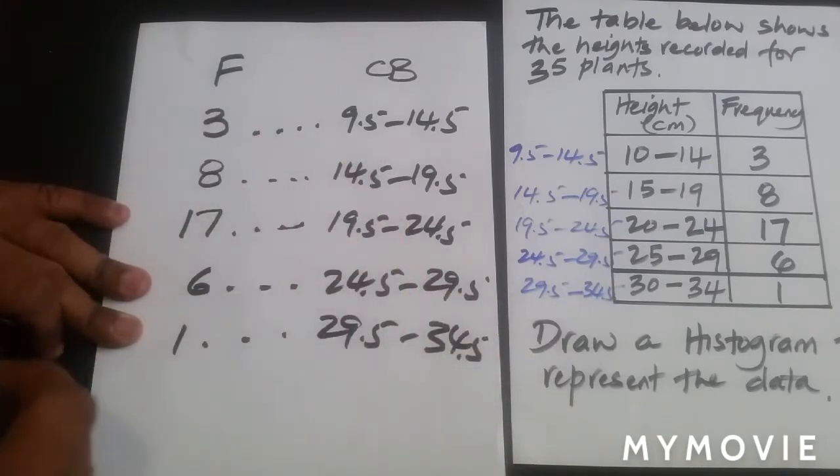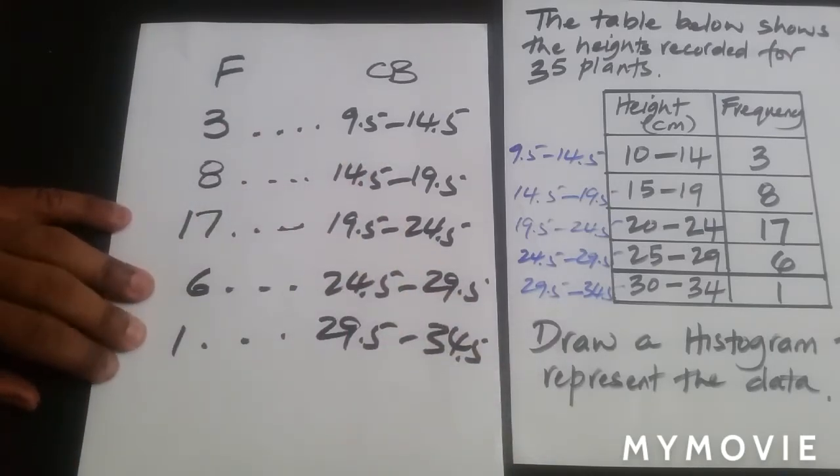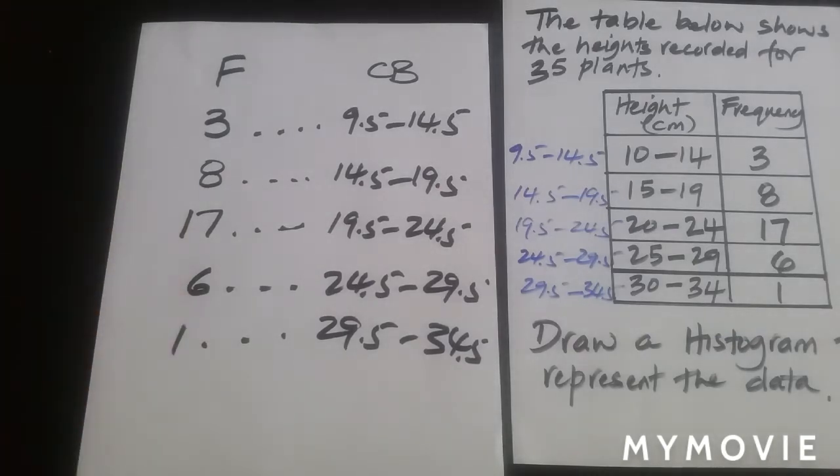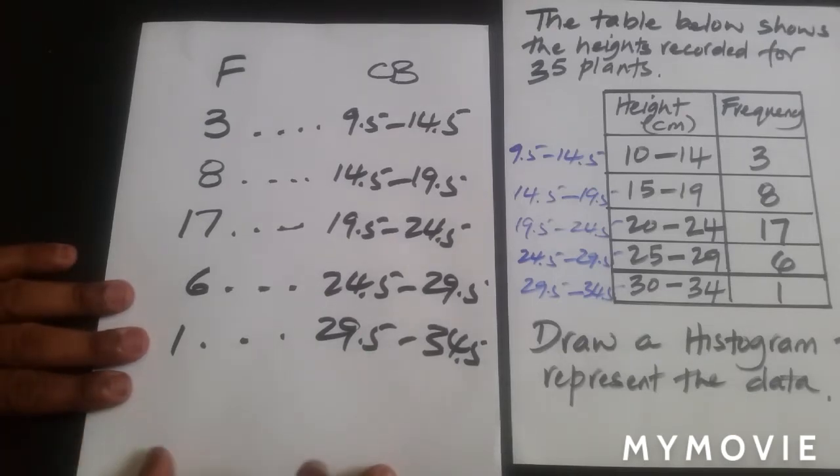So this is what we need to do a rough sketch of the histogram. And of course, when we're doing it on graph sheet, you would definitely need to know the scale for each axis. So this is what essentially we're going to be using.